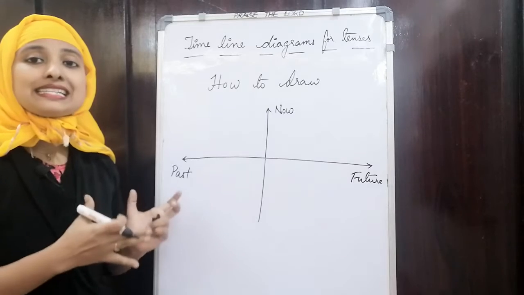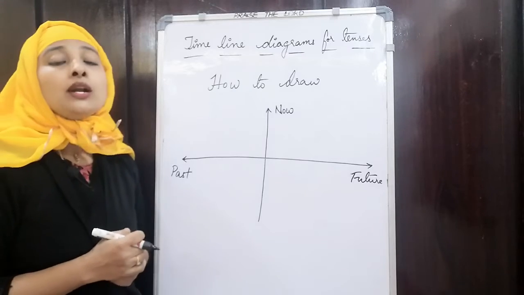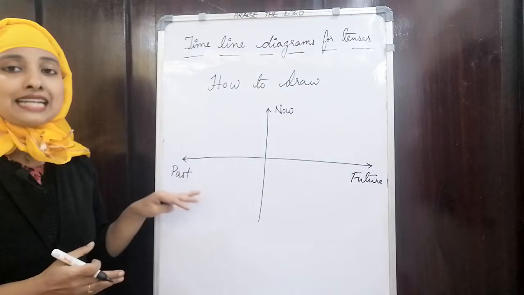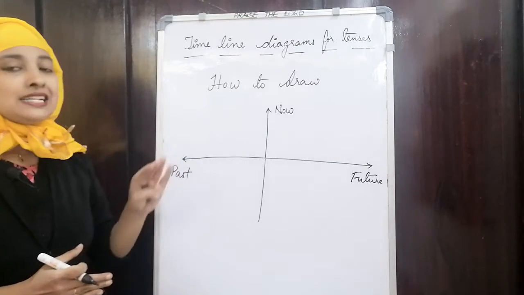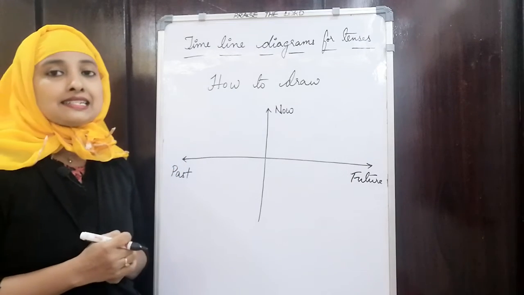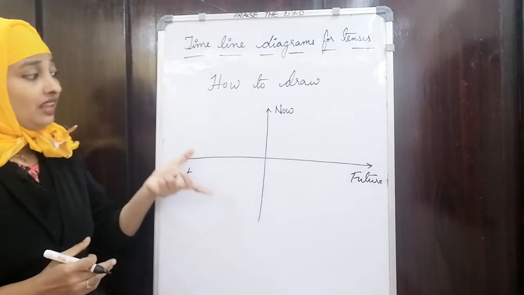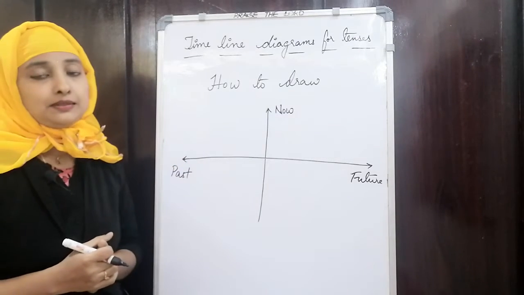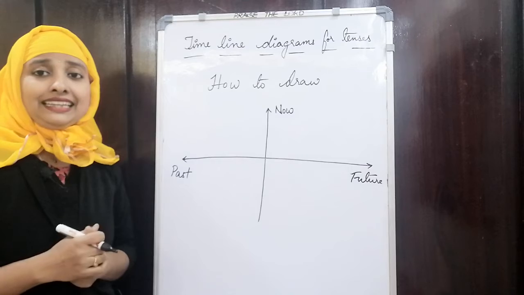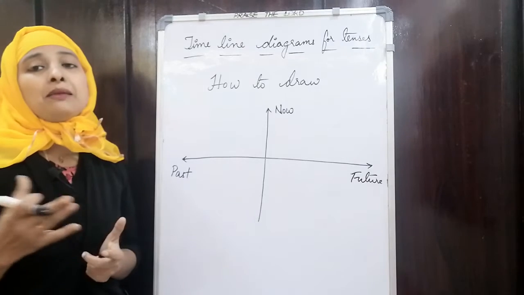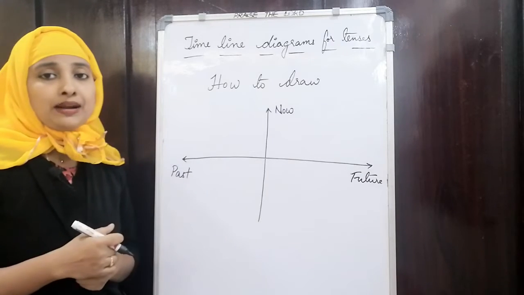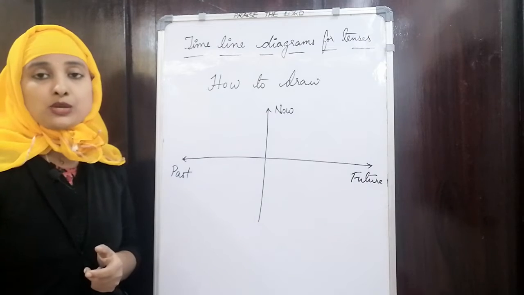Now, how do we represent tenses on this timeline diagram? The first thing we consider is how to represent an event. When an event is occurring, it can be simple present, continuous or perfect continuous, those are the aspects we are talking about.